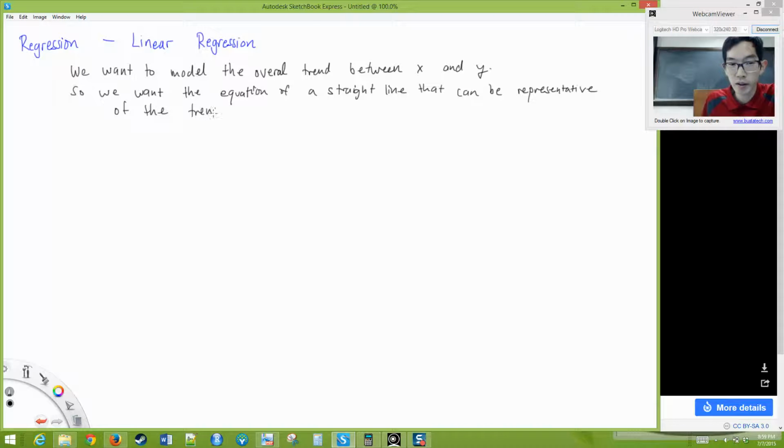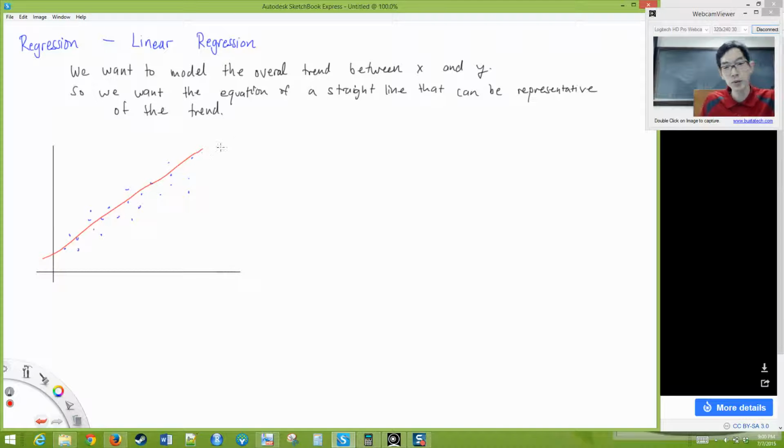Okay, so for example, let's say we have data points that look like this. Okay, we want to create an equation for a straight line, maybe like this. Okay, just pretend this line is straight. And so this line is not perfect because it doesn't predict all of the dots perfectly, right?